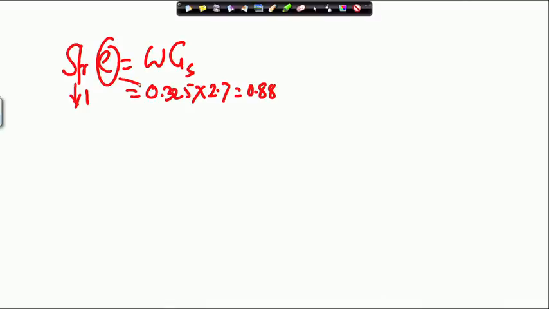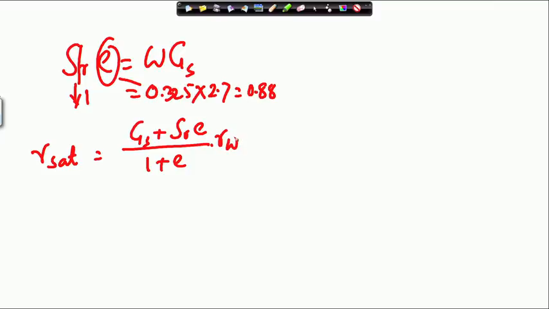Now, I have to find out the saturated unit weight and the dry unit weight. Gamma sat equal to (GS plus SR into E) by (1 plus E) into gamma W. Since right from the beginning it is known that SR equal to 1, so it is GS plus E by 1 plus E, that means (2.7 plus 0.88) divided by (1 plus 0.88) into 9.81.